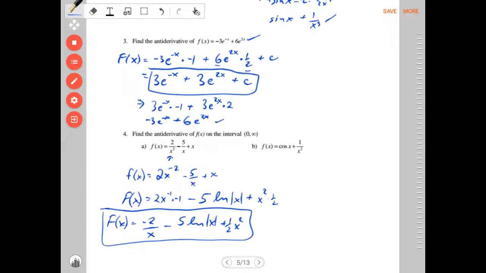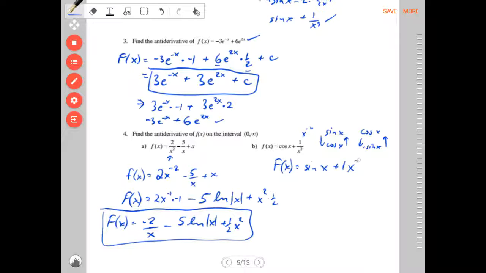Okay, last one. Well, not quite the last one, but close to the last one. So we have cos x plus 1 over x squared. Again, we're just going to train you to do this. So, sine is cos, and cos is negative sine. We want the integral of cos, so cos, that is sine x. And then that's just x to the minus 2, so we raise the exponent by 1.